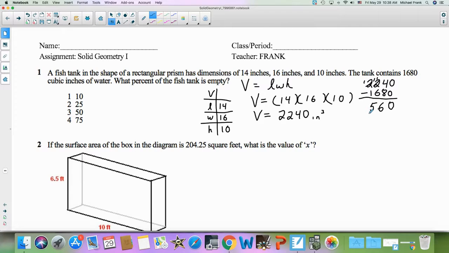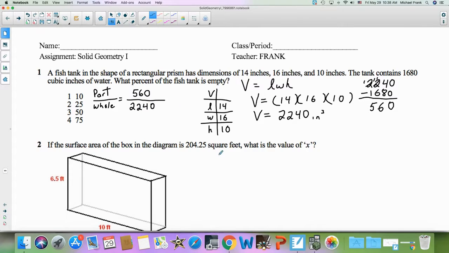Well, it says what percent of the tank is empty. You need to remember back in middle school and in algebra that when you're dealing with percents, it's really just the part over the whole. So if we want to know the percent that's empty, we're going to say 560 cubic inches are empty out of the total capacity of the tank, which is 2,240.